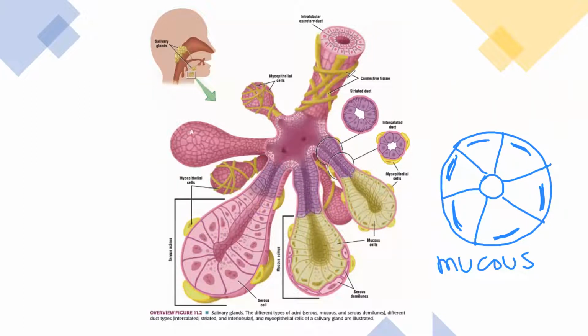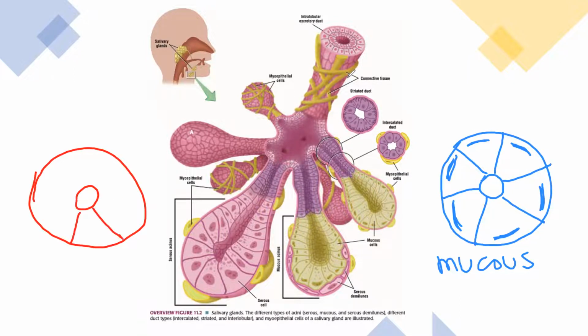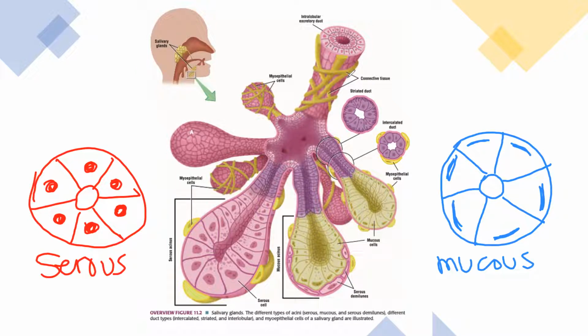And if a group of cells near each other contain a round nucleus in the center, like the one which I draw here, we call it a serous acinus. In the picture, you can see that we have mucous, because the nuclei are flat at the base, and the serous acinus.